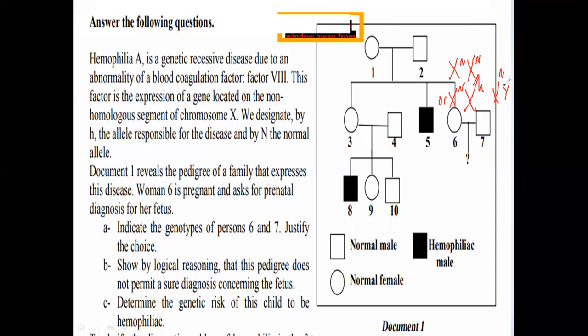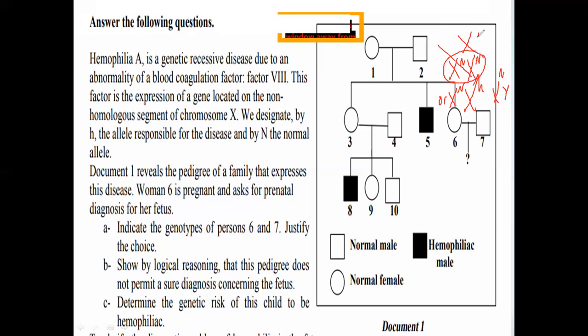So determine the genetic risk for this child to be hemophilic. First of all, to be a hemophilic girl, the risk is null, zero. No chance for the individual to be affected. Or it can be an affected male. To be an affected male, first of all, the female should be heterozygous. She can't be homozygous; if she is homozygous, no way.